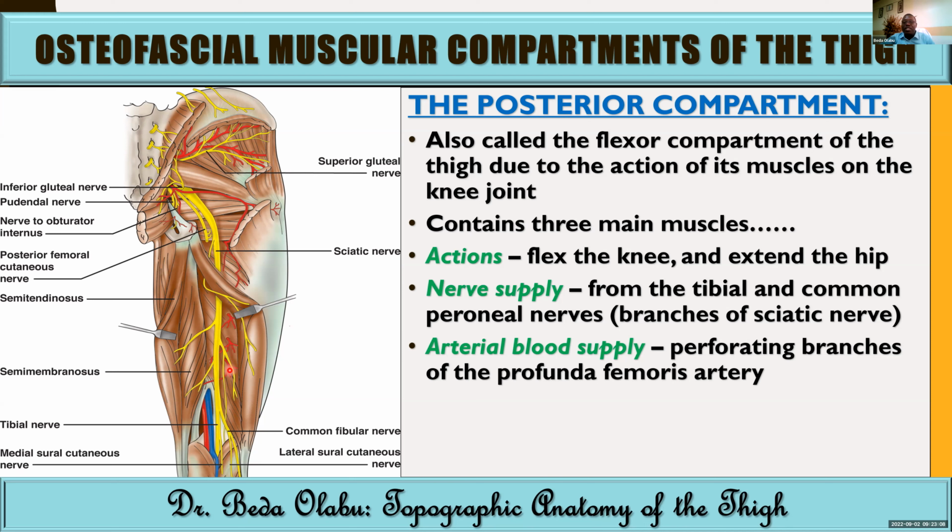Those arteries are branches of another artery, which is running in the anterior thigh. We call it the profunda femoris artery. The term profunda means deep. So the deep femoral artery, profunda femoris artery, gives you perforating arteries. Those perforating branches go through the adductor magnus to reach the posterior thigh, which means that the main artery is not in the posterior thigh, but its branches go through that muscle to reach the posterior thigh.